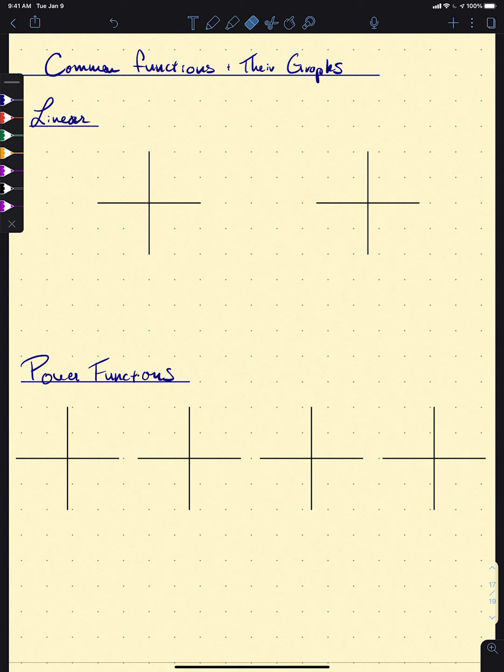It's helpful to know their basic structure so that we don't have to always plot a bunch of points, and we can get the idea of a graph down when that's all that matters. Obviously, there are lots of times where you do want the specific points, but there are other times where we just need the gist of a parabola in a certain area, so it pays for us to know these common functions and their graphs, or another way to refer to these, the parent graphs of these systems.